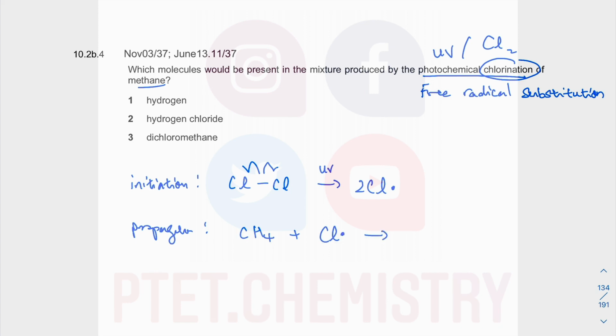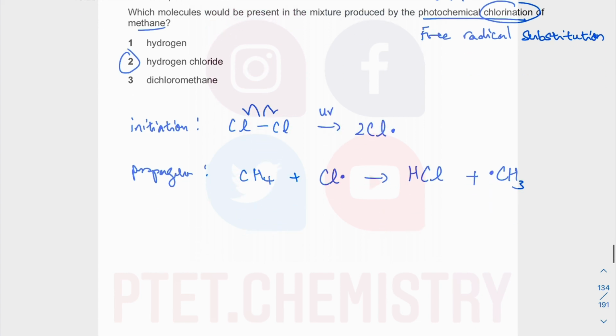The chlorine radical abstracts a hydrogen and immediately it forms HCl, which means option 2 is actually correct, and you will get CH3 with a radical on carbon. But a propagation step means something not radical plus radical gives you radical plus not radical. Initiation is not radical, just forming radical.